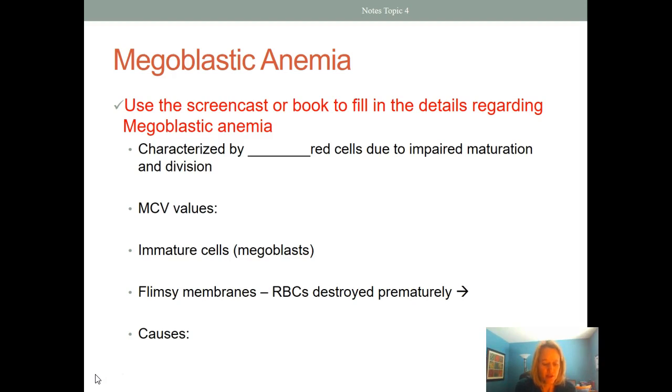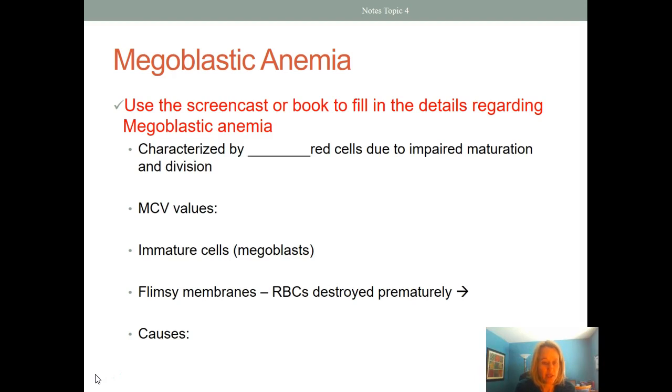These cells are immature, sometimes called megaloblasts, and they often contain nuclei and other organelles. Remember, a normal red blood cell does not have these.